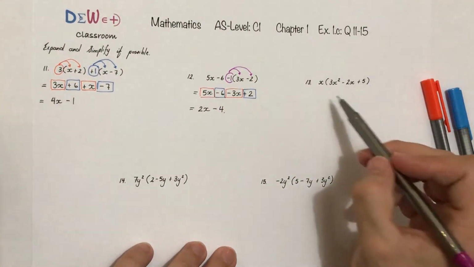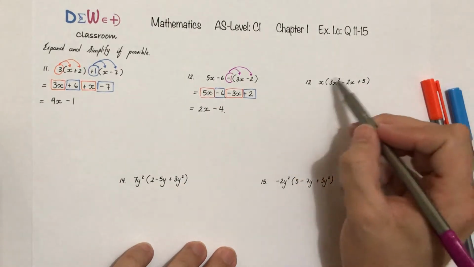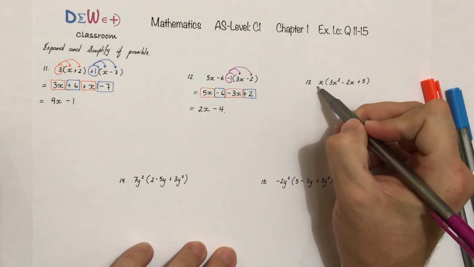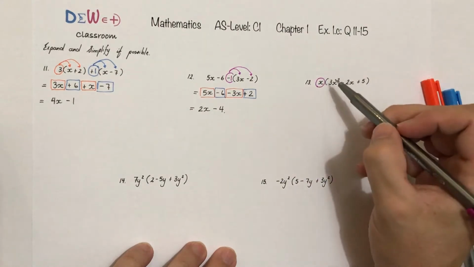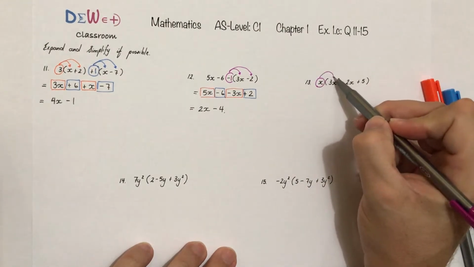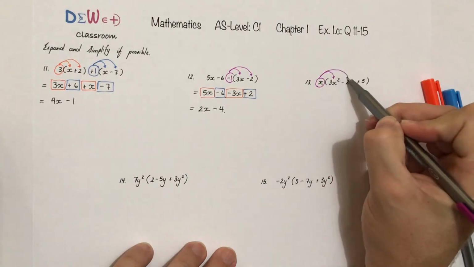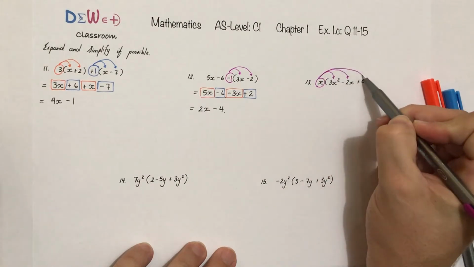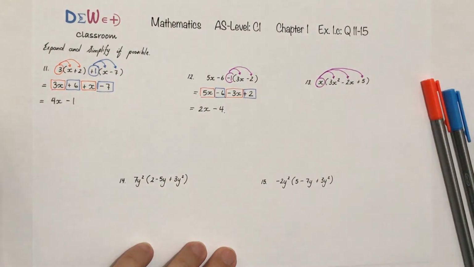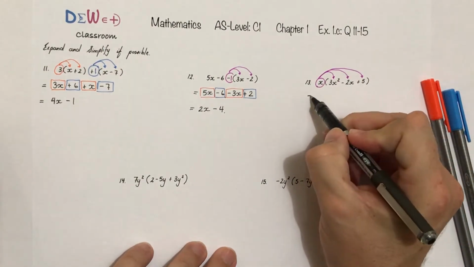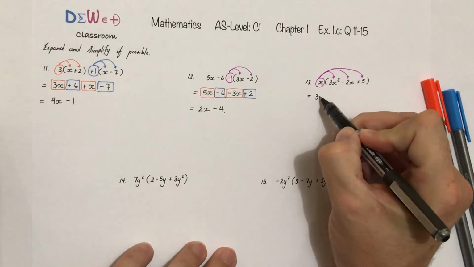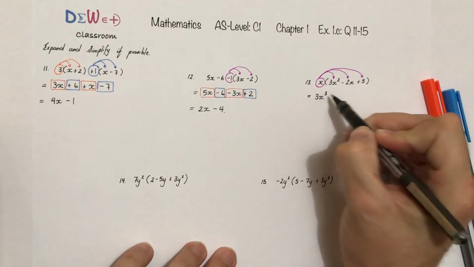Now we have a trinomial inside of our brackets, but this rule still applies. We take the term outside of the bracket, multiply it with each term inside of the bracket. So in this case, we will have 3x multiplied by 3x squared, which gives us 3x cubed.